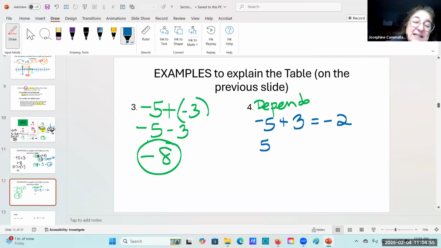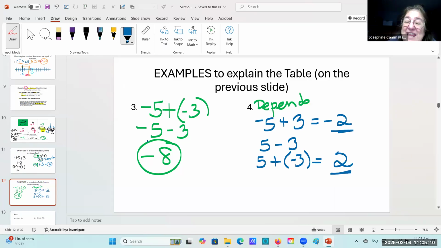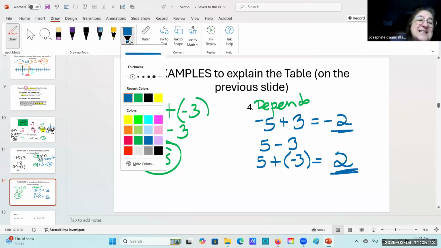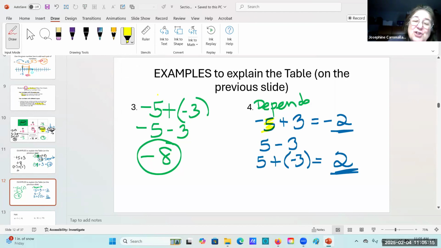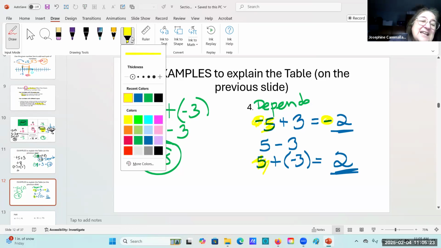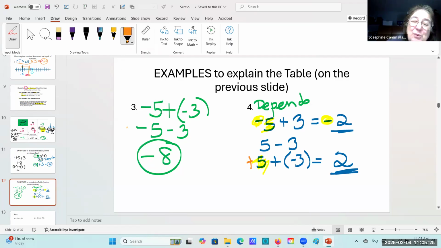If I have a positive 5 minus 3, or this means a positive 5 plus negative 3, notice this is a positive 2. The answer depends on the larger number. This one's negative. This one is positive. Okay.